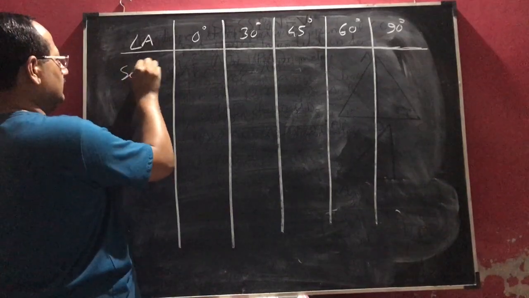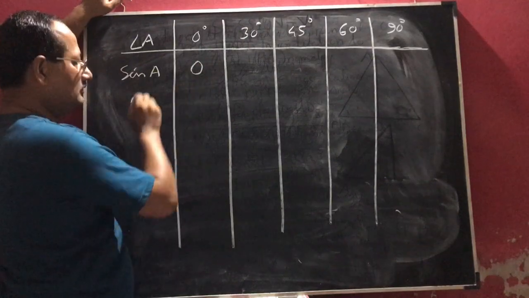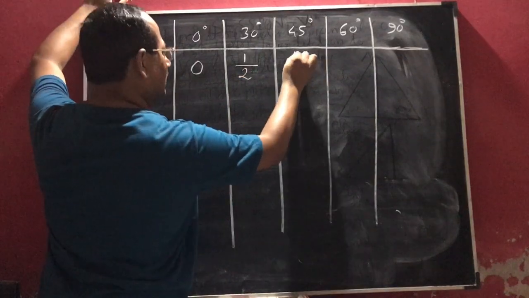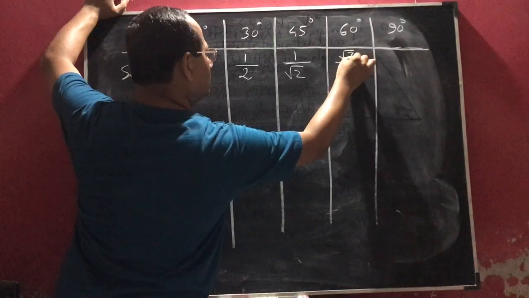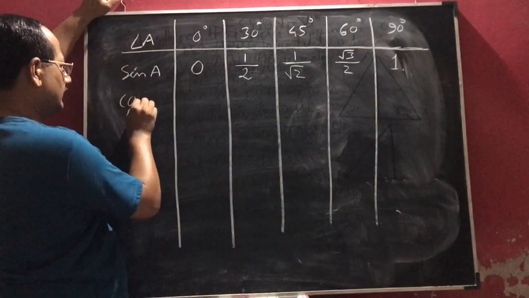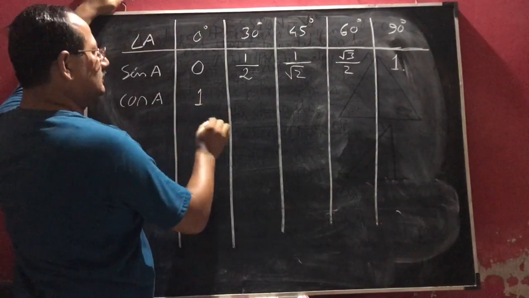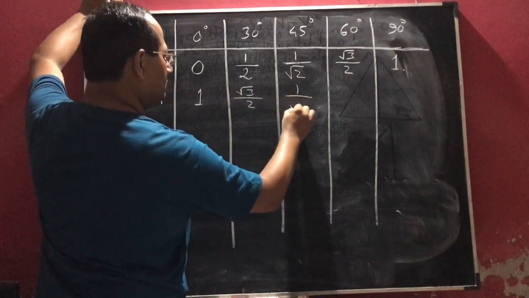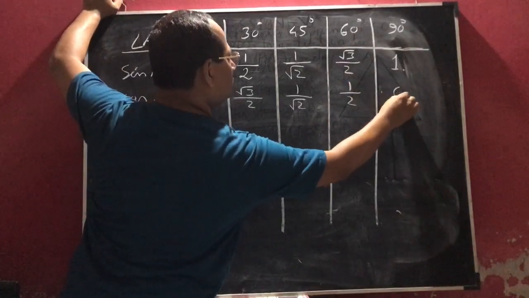First, sine A. If A is 0 degree, the value is 0. Sine 30 is half. Sine 45 is 1 by root 2. Sine 60 is root 3 by 2. Sine 90 is 1. Then cos A. Cos 0 degree is 1, cos 30 degree is root 3 by 2, cos 45 is 1 by root 2, cos 60 is half, and cos 90 is 0.